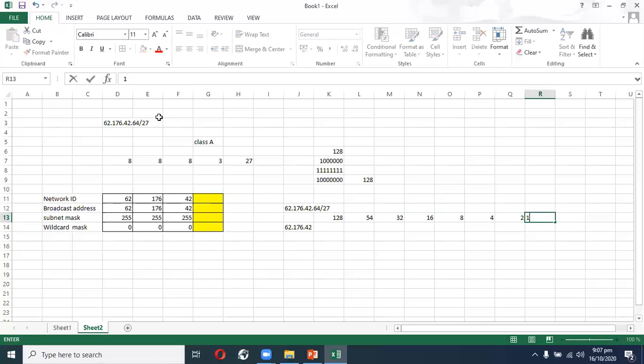When we talk about this 3, we write it as 3 digits. The first 3 digits are 1, so this is 1, this is 1, and this is 1. The rest of the digits are 0.